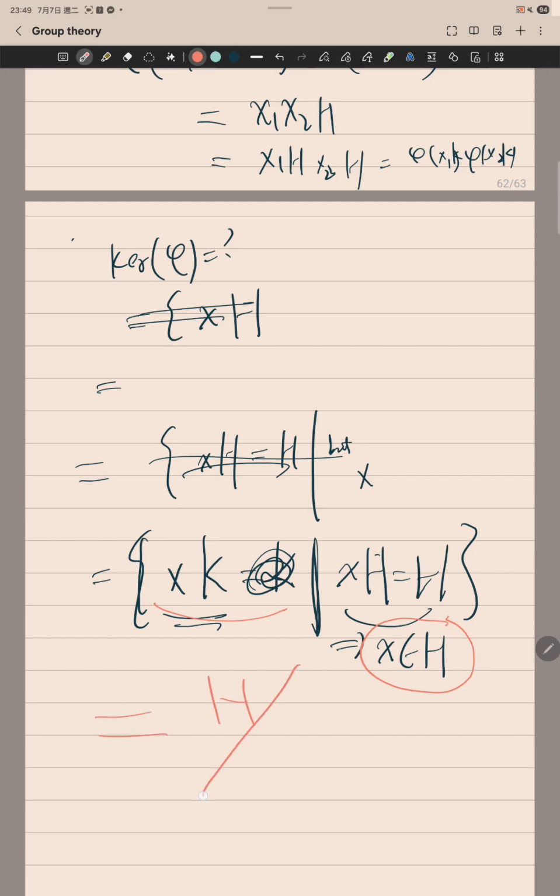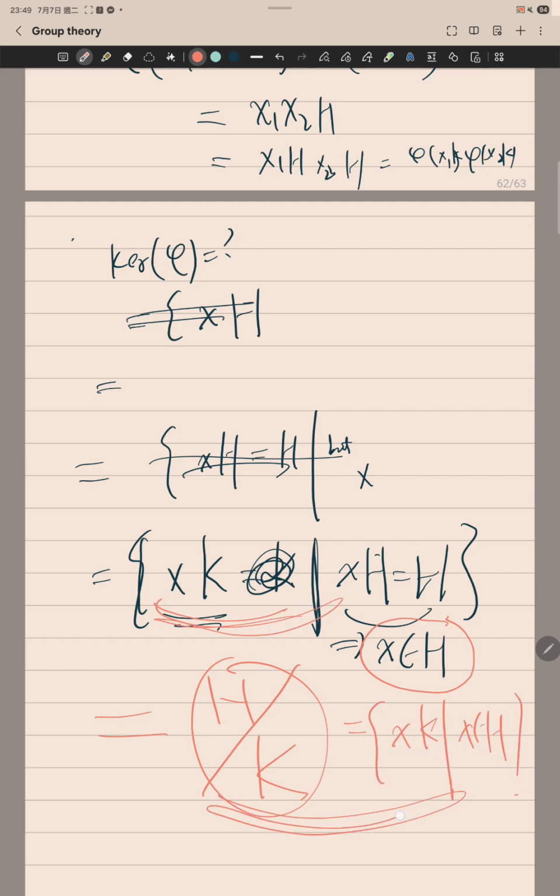This is exactly H quotient K, because H quotient K is the set of xK where x belongs to H. So it's exactly this one.